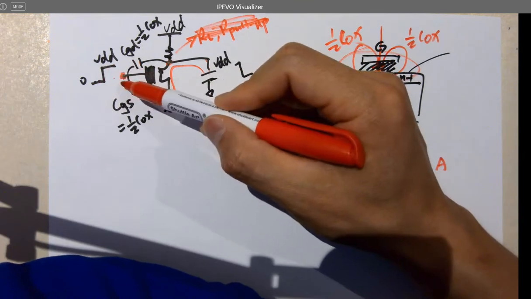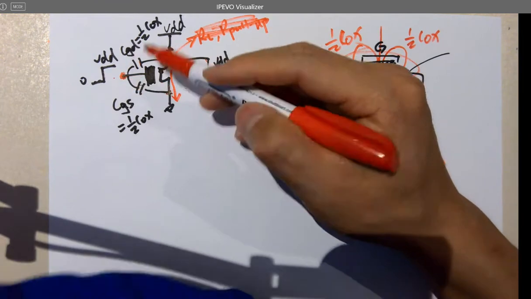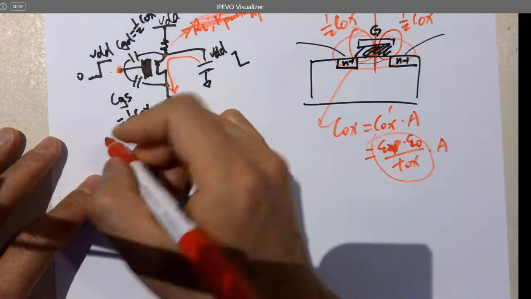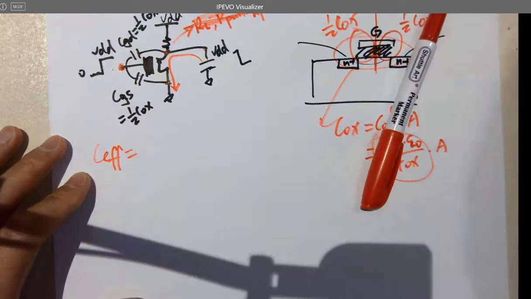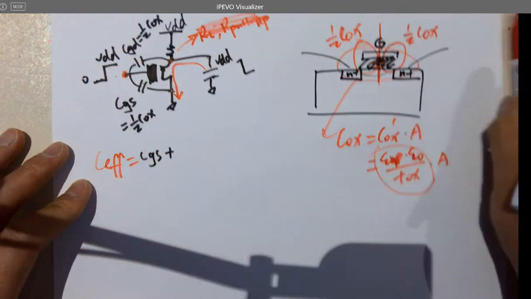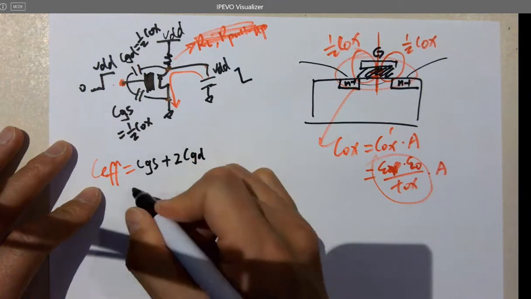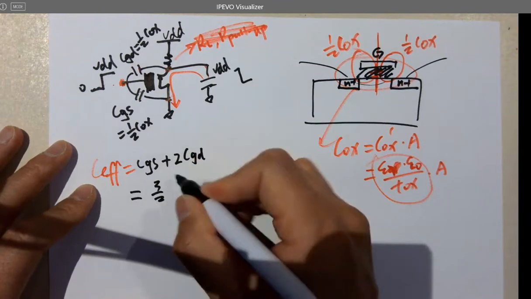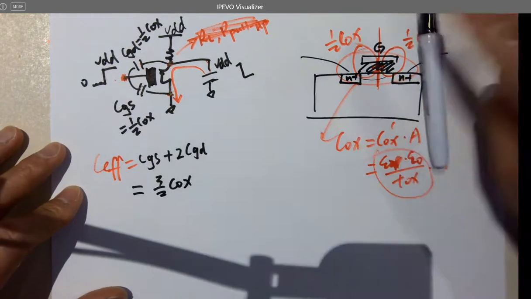You have to consider the capacitive load of it. Equals CGS plus what? It's the effective input capacitance.